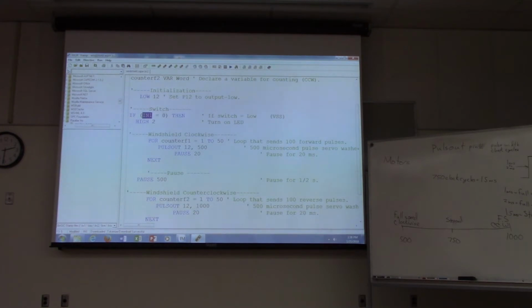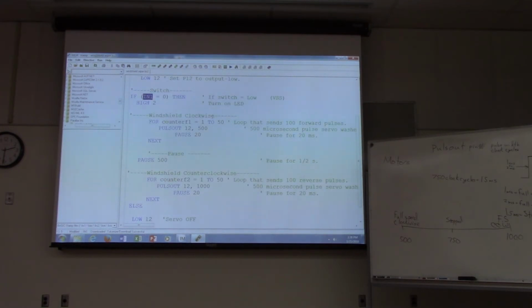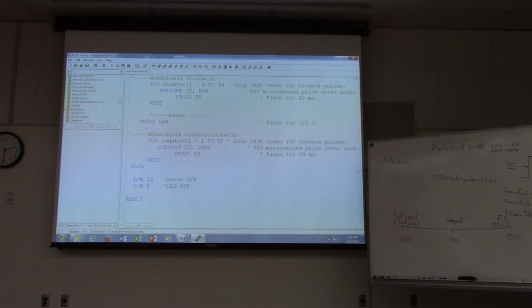So if in 1 is low voltage, then we run the windshield wiper clockwise and then counterclockwise. And then else is down here. It says low 12 and low 2. So else, if we have a high voltage, we're going to turn it off. Basically, this little green wire is going to be a switch. If it's connected to a low voltage, the wiper is going to run. If it's connected to a high voltage, the wiper is not going to run. So let's see how that works.